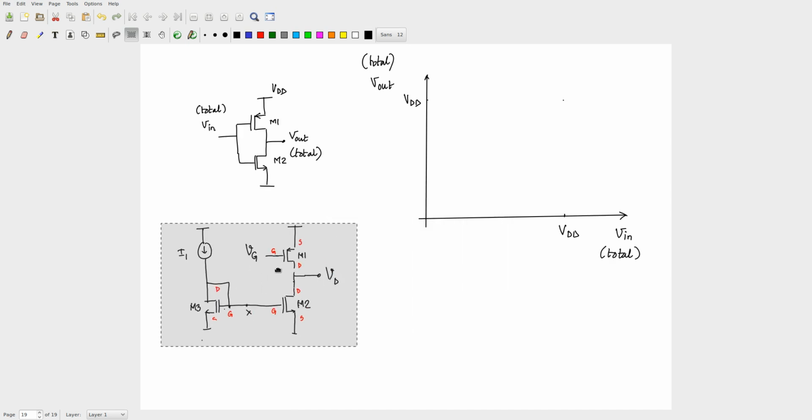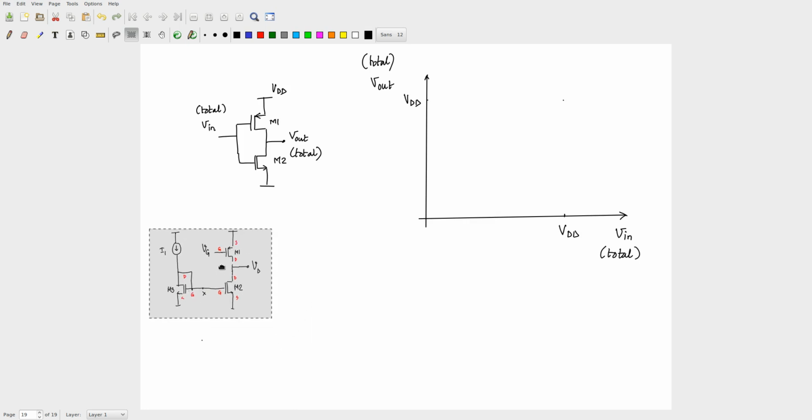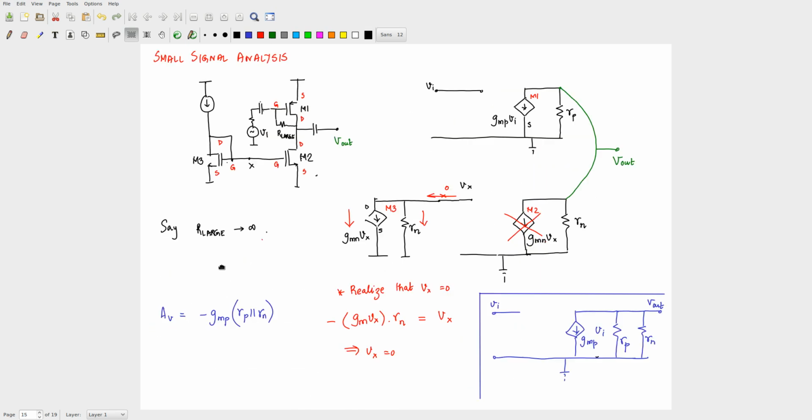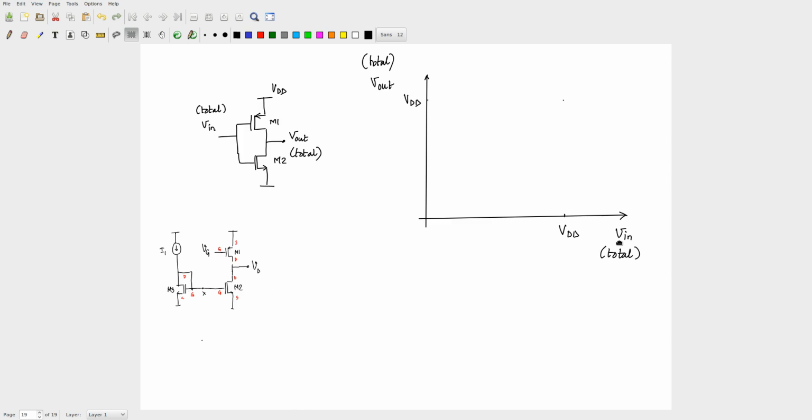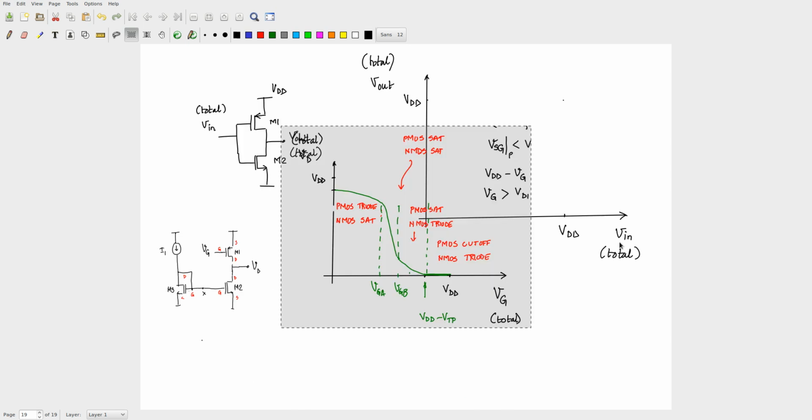Now, for reference, let me put the earlier circuit that we had and its characteristic. And then you guys can help me. Think about the characteristics for the CMOS circuit. You've all done it earlier, so there's only one small difference between what we have done for the common source amplifier and this one.